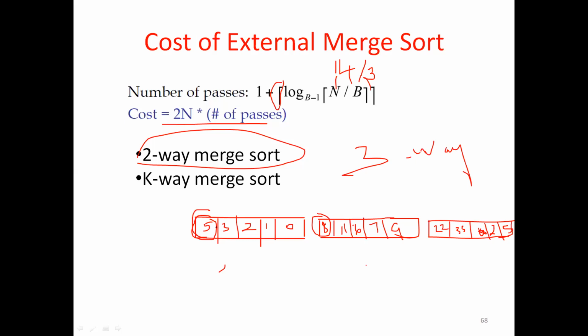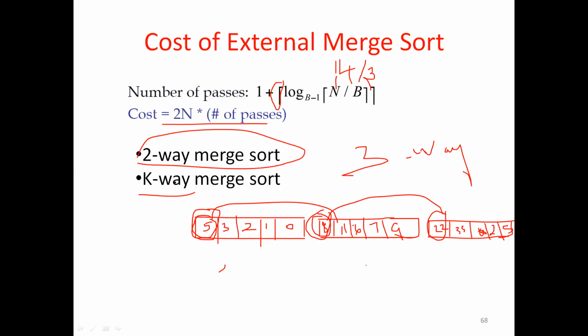I compare the zeroth index of the first array, the second array, and the third array. Previously I took two arrays only, that's why we call it two-way. Now I took three arrays, so it's called three-way merge sort. If you take k arrays, that's k-way merge sort.